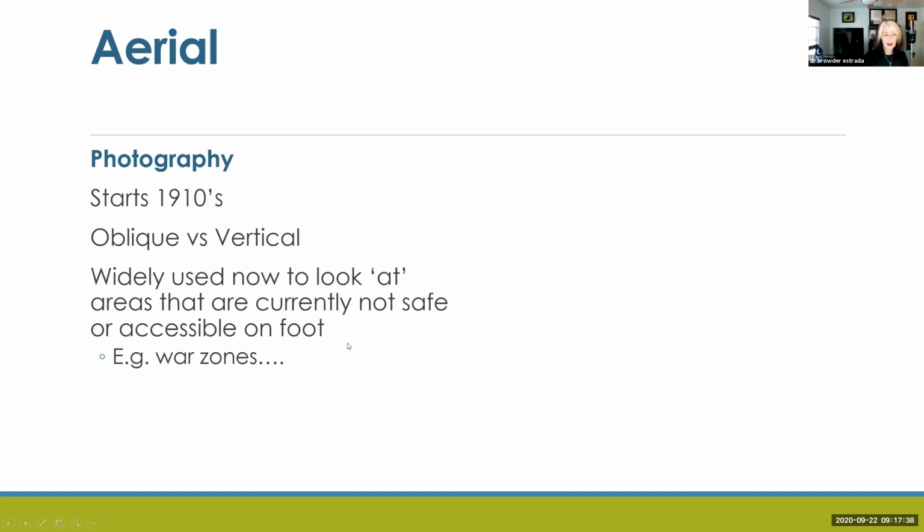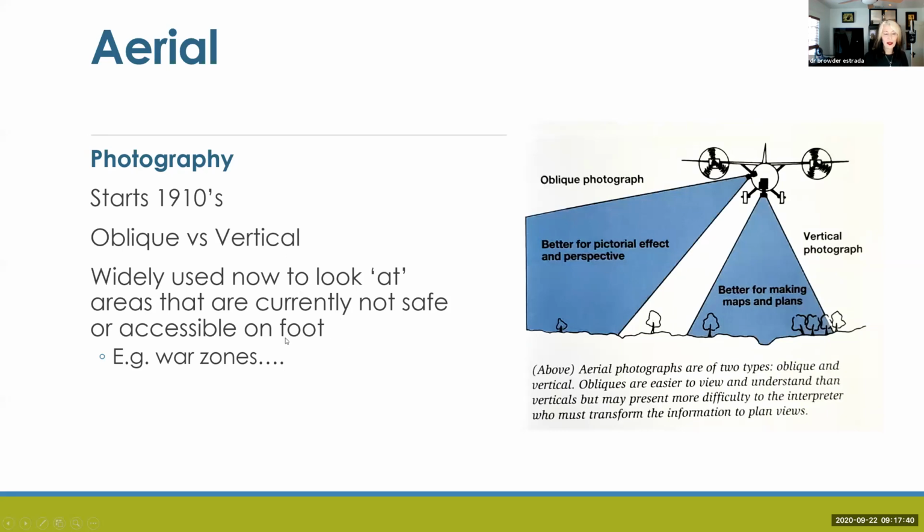So what would be a good example of aerial photography still playing a role in archaeology? Right now in the Middle East, archaeology looking at the Fertile Crescent and what we call Mesopotamia is just not doable. Too many political things, too many cultural things, too many other kinds of issues.